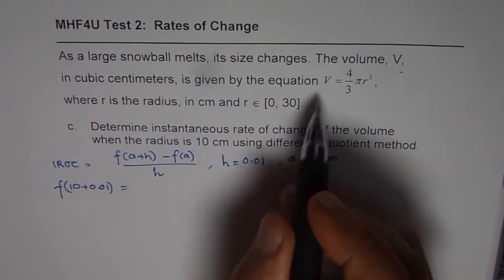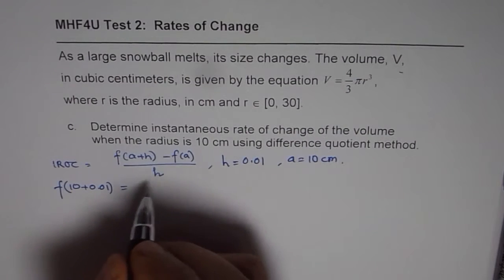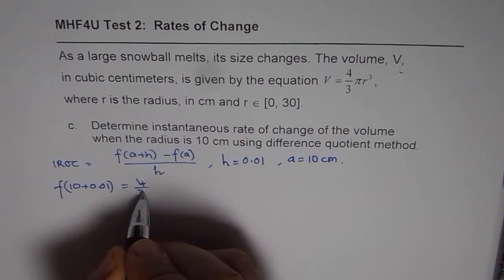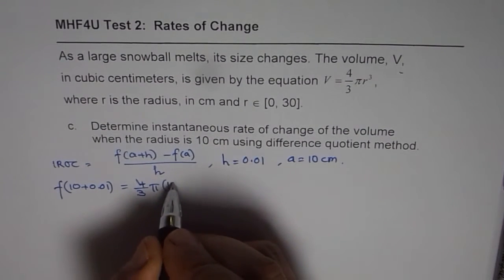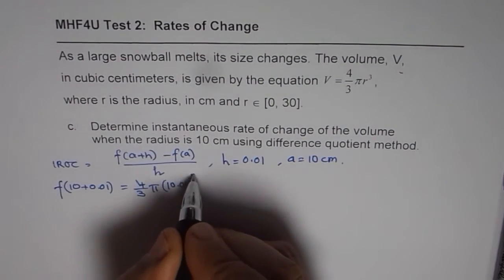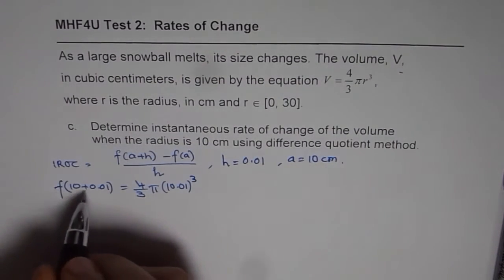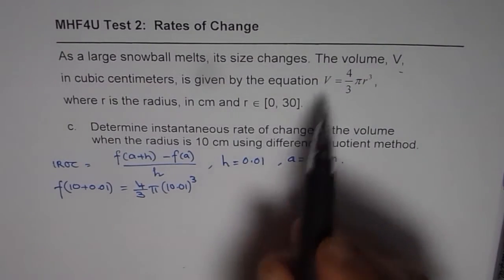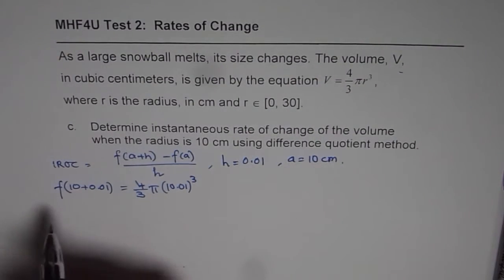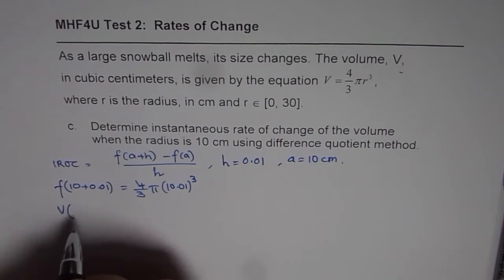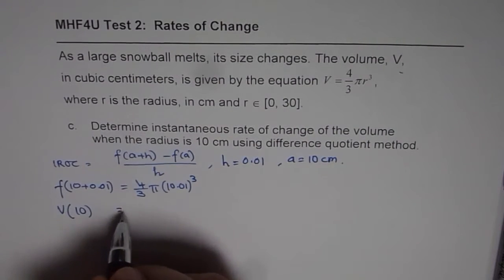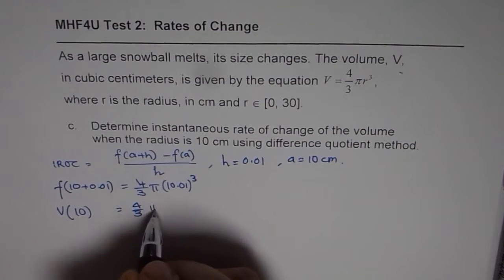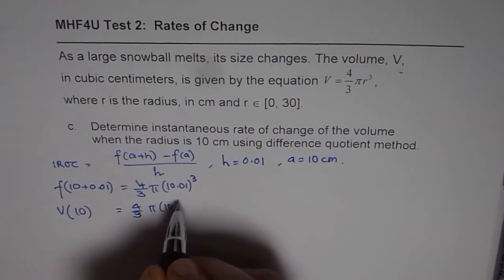That is to say V will be 4 over 3 pi 10.01 whole cube, right? I could have also written V of this. So I'm using function f, so we could actually write volume V at 10, that is 4 by 3 pi 10 cubed.